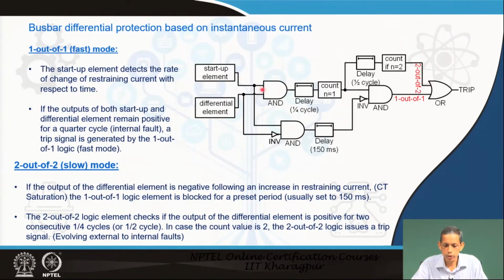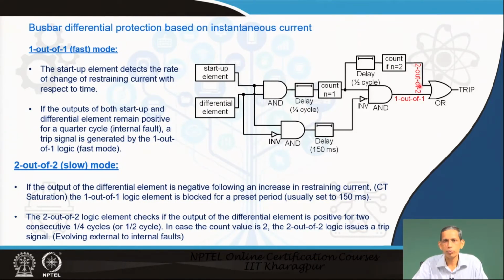However, if you see this path now, both are high, the differential is high and this is also high, consistently for n equals 1 and then n equals 2, meaning not 1/4 cycle but half cycle. So, count becomes n equals 2.